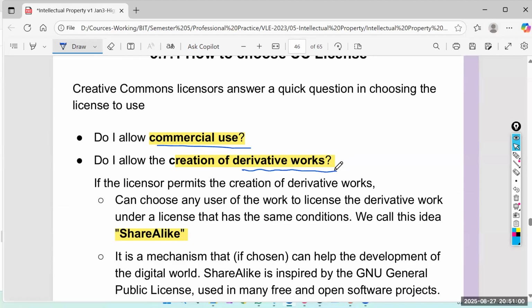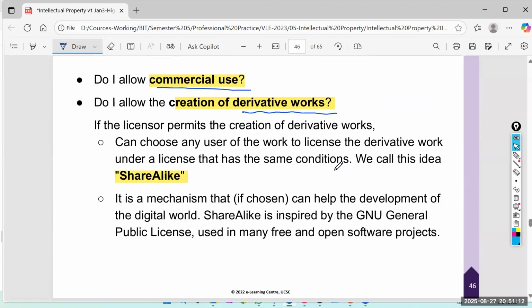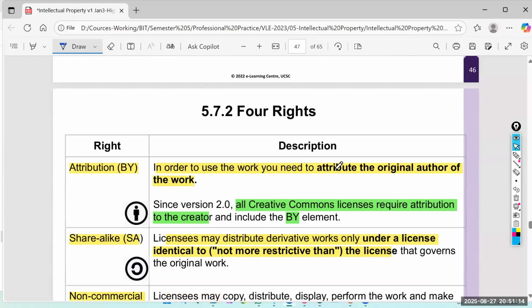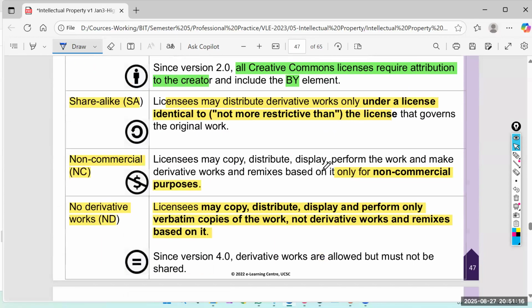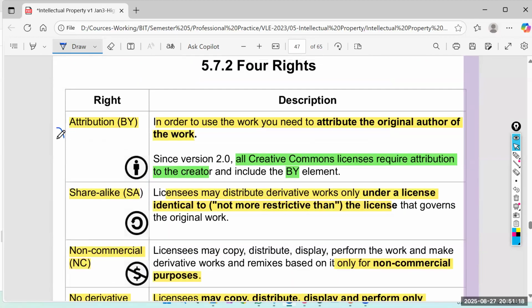That is called share alike. So how are you going to share your derivative work? Are you going to use this for personal use or commercial use? Those are the four aspects.